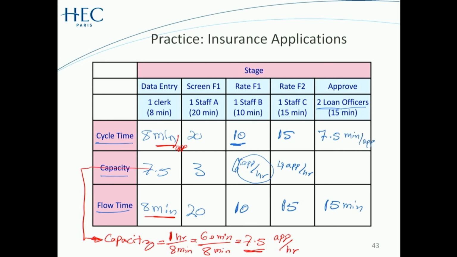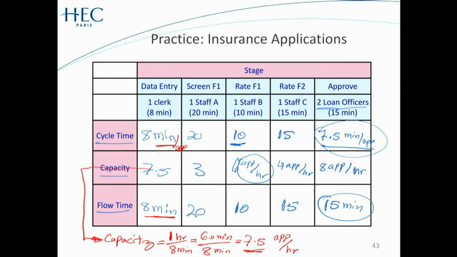So every 7.5 minutes we have 1 application coming out of that process. Here is an example where the cycle time and the flow time are not equal to each other because we have multiple resources. Given that our cycle time is 7.5, we are going to have 8 applications coming out of the process per hour.